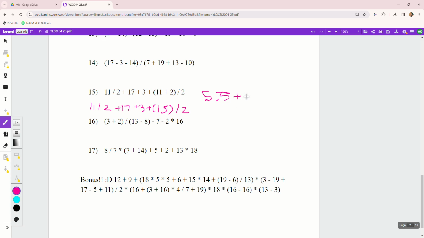And then add 17 plus 3 plus 13 divided by 2. So then you would divide 13 by 2 to 6.5 plus 3 plus 17 plus 5.5. So if you add that all up, you would initially get 32.